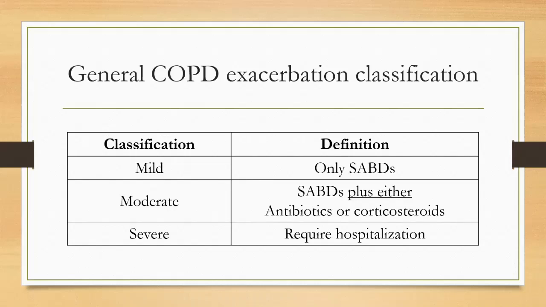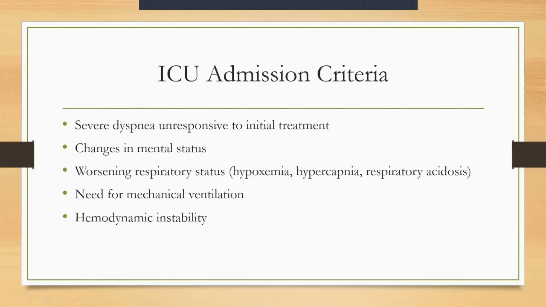And for severe, you'd want to use the same treatment as moderate, except what differentiates it is that it requires hospitalization. And then for admission to an ICU, criteria include severe shortness of breath unresponsive to initial treatment, possible changes in mental status, worsening in respiratory status, and a need for mechanical ventilation.